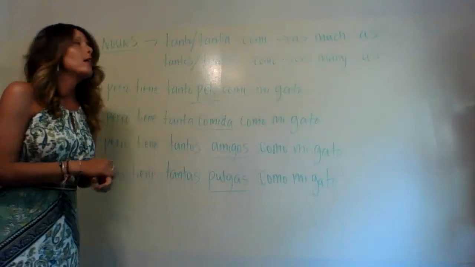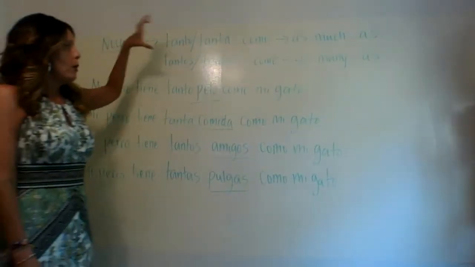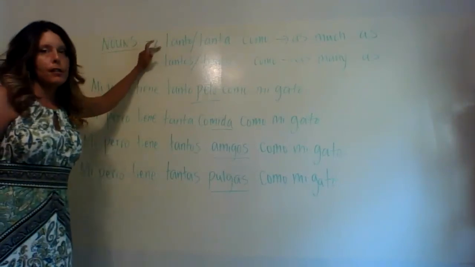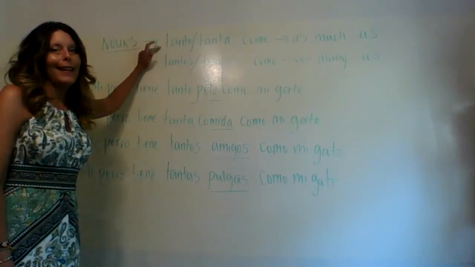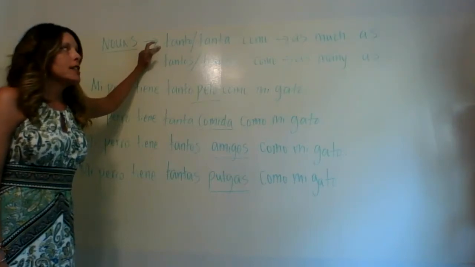Comparisons of equality with nouns. So we have our formulaic stuff up here. We remember that this first stuff that I have written up here, tanto and tanta with como, is for when things are singular.